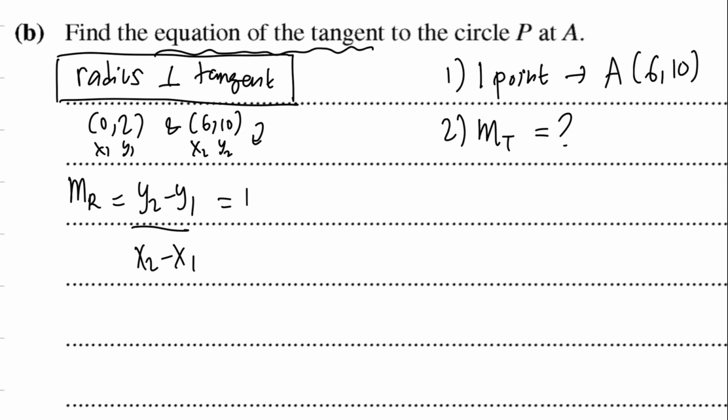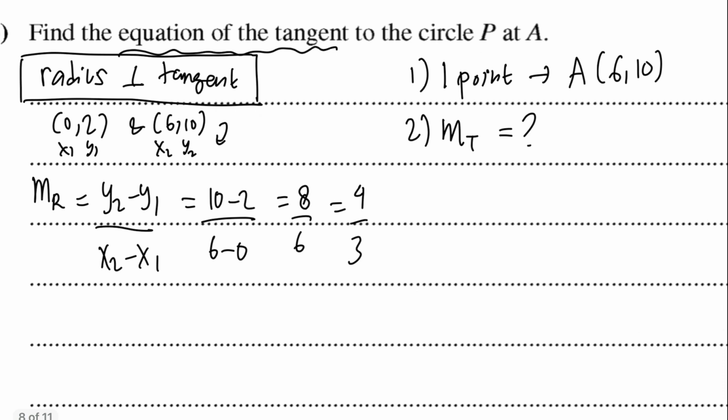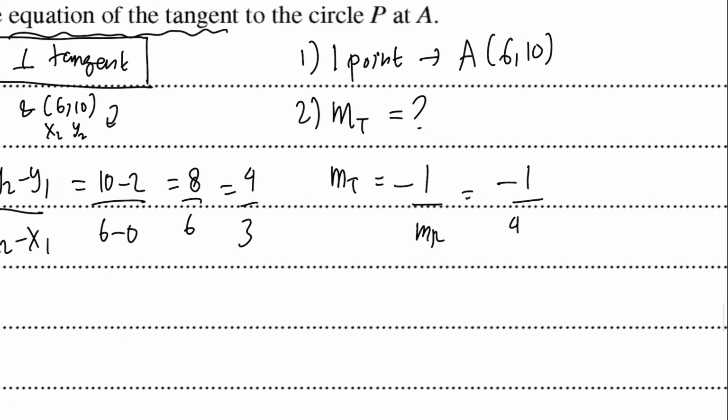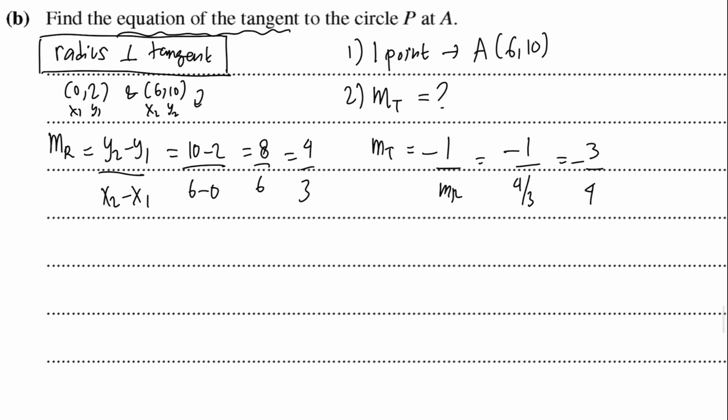So (10 - 2) over (6 - 0). We will get 8/6 or 4/3. Because the radius and tangent are perpendicular, we can use -1 over m radius. So we will get -1 over 4/3, or you just swap the numbers, 3/4, and put negative. So mT is -3/4.